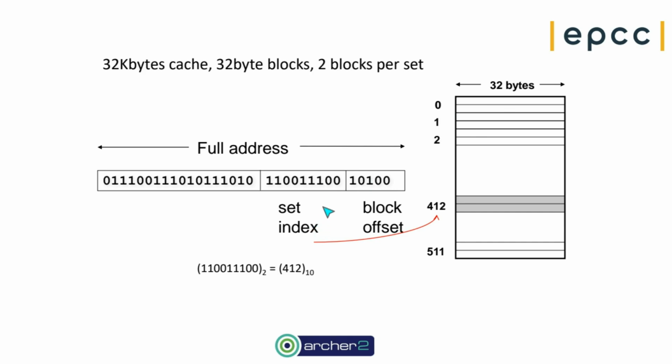Then 512 is 2 to the 9, so to get the set index, we look at the next 9 bits in the address. In this case, that binary number translates to 412 in base 10. So this data can be stored in either of the 2 blocks in set number 412.